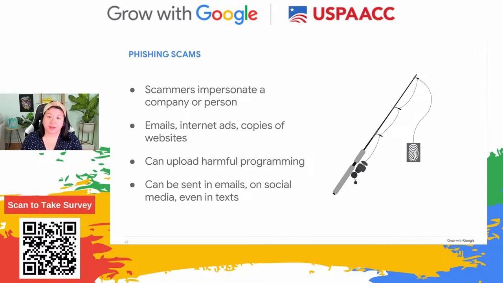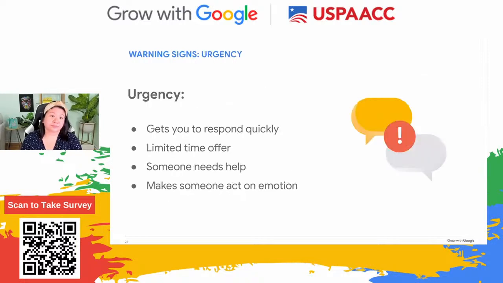For example, you could receive an email from your bank, a store you shop at, or an online payment processor, stating that there's a problem with your account and they need your login information in order to fix it. Since this email states that you need to act immediately, it creates a sense of urgency to get you to send your information quickly.